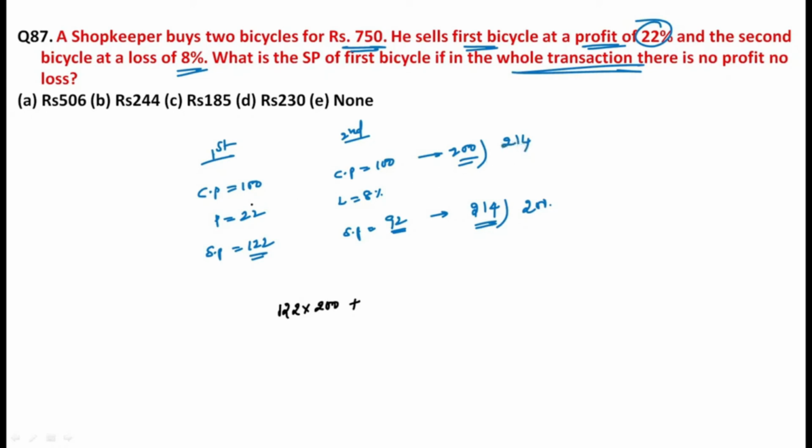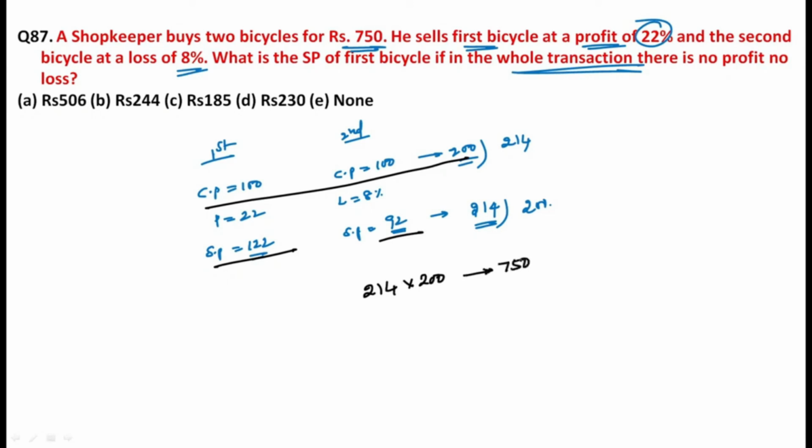No profit and no loss, so multiply these numbers with 214 and 200. The selling price is exactly equal to 750.